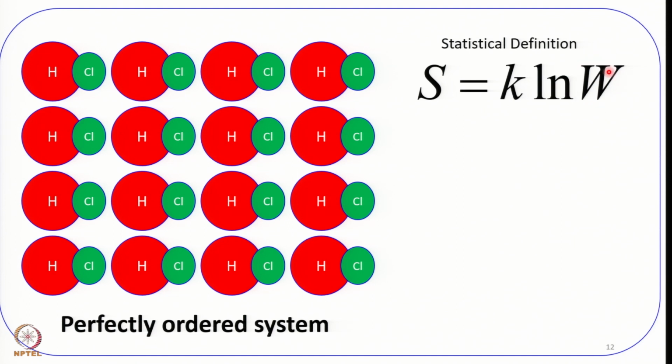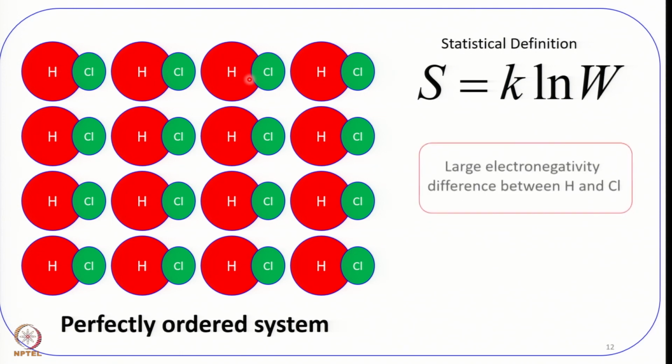And here we started discussing perfectly ordered systems versus not perfectly ordered systems. We took the example of HCl: if HCl is arranged like this, where all the arrangements are HCl, HCl, HCl, HCl at absolute 0, there is a perfect order. If there is a perfect order, that means this minimum energy conformation can be achieved only in one way, that means W is equal to 1.